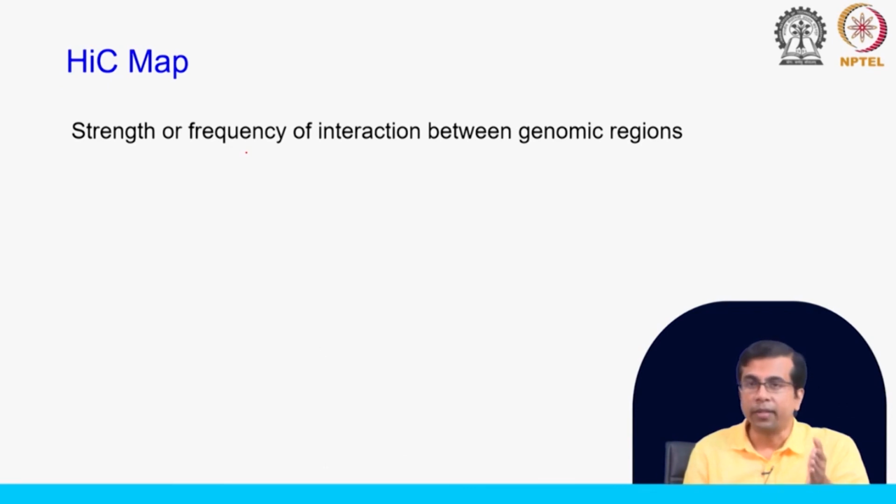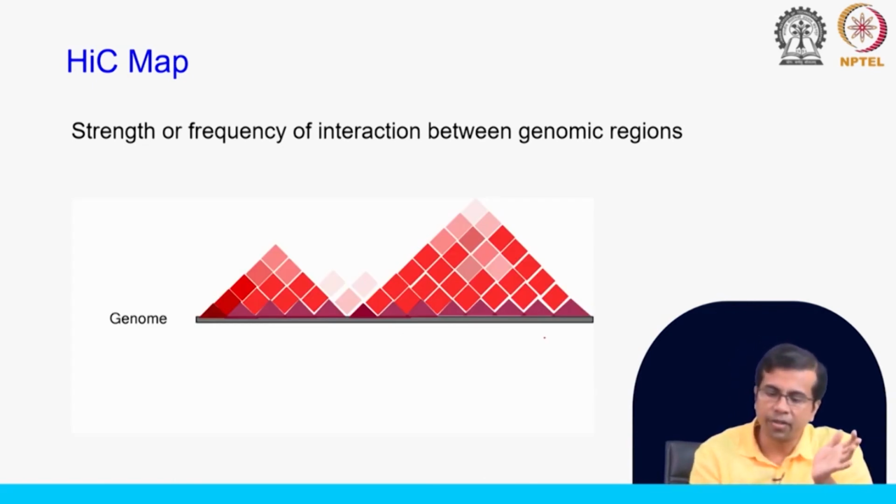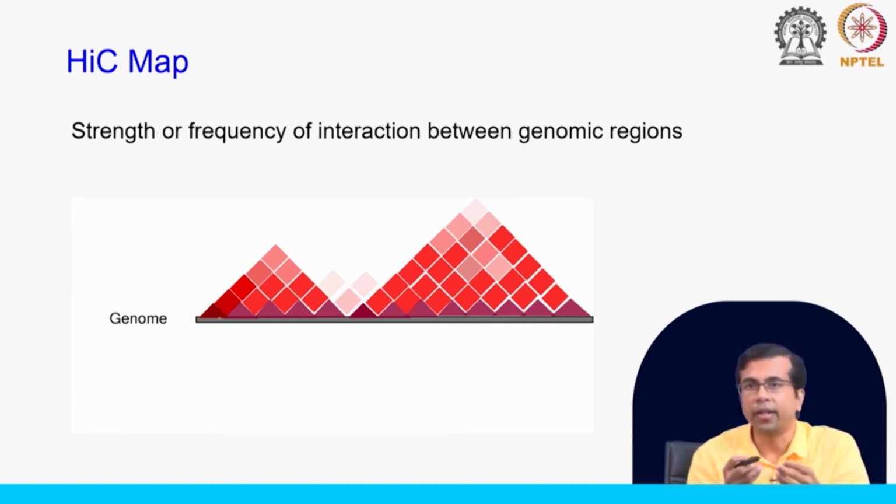Now, one of the things that we will get from the Hi-C map is the strength or frequency of interaction between genomic regions, and this will look something like this. If you have the genome, for different genomic regions, you can see the interactions by different colors. These interaction strengths are represented by different colors. Darker color means stronger interaction, lighter color means weaker interaction.